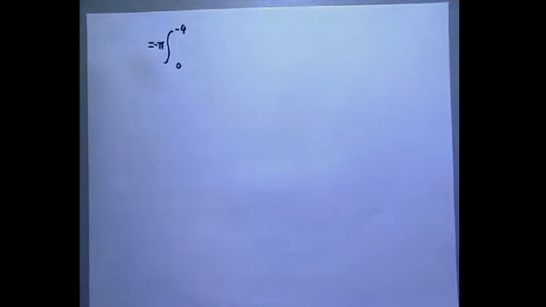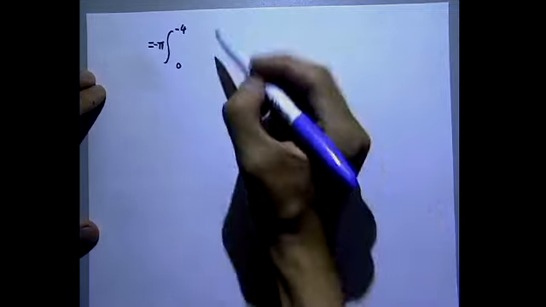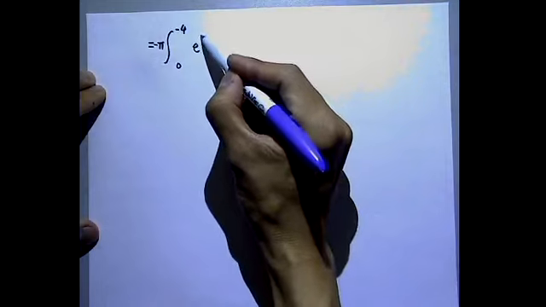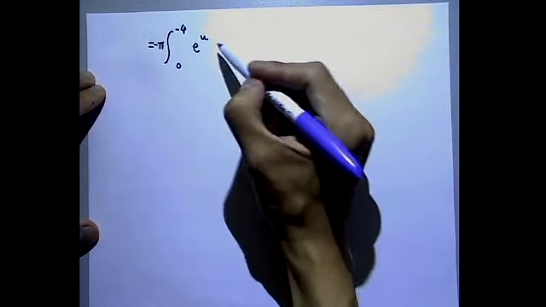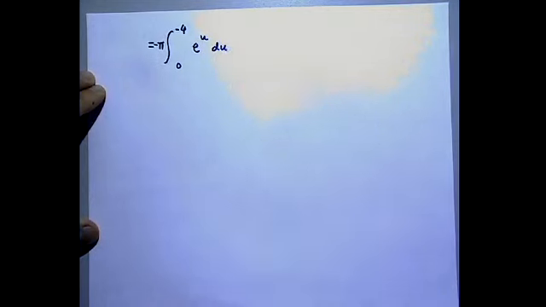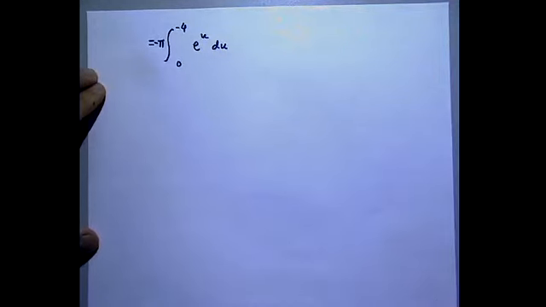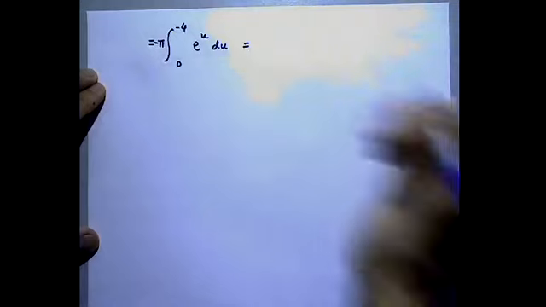Okay, did I catch all the signs? All right, so what's inside here then? E to the u du, good. What's the integral of e to the u?